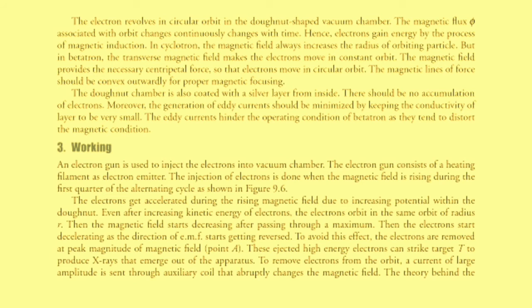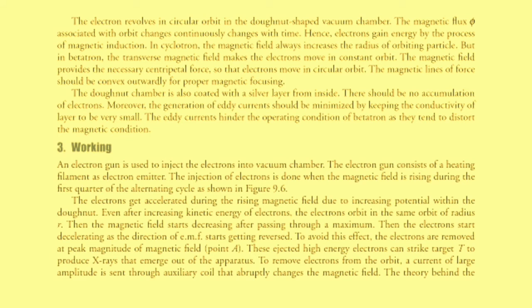But in the case of the Betatron, the transverse magnetic field makes the electrons move in a constant orbit, which means that the radius of the orbit is not changing, it remains constant.